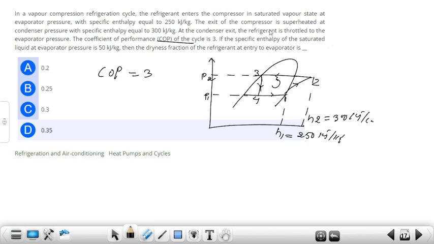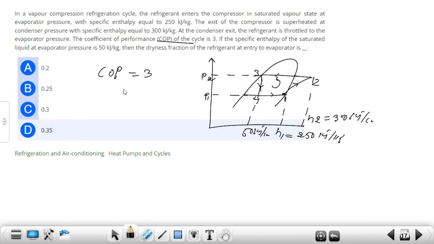At the condenser exit, the refrigerant is throttled to the evaporator pressure. The specific enthalpy of saturated liquid at the evaporator pressure is 50 kilojoule per kg. And we have to find the dryness fraction of the refrigerant at entry to the evaporator.